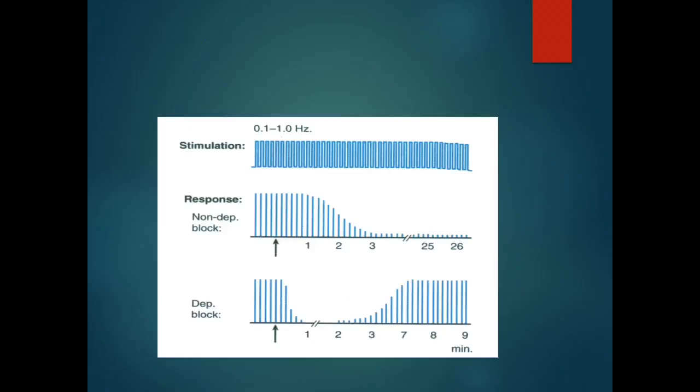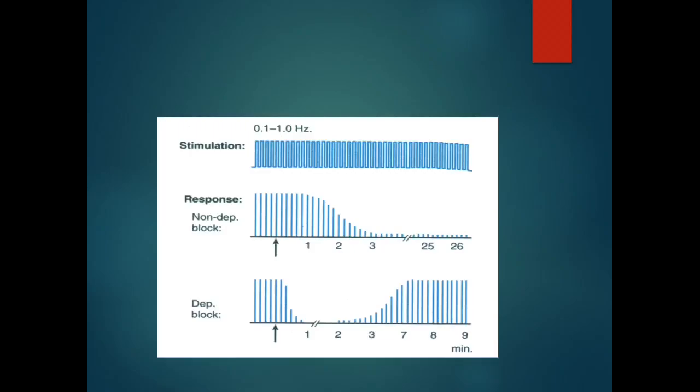Now, here I can show you the different types of patterns that have been recorded. The first graph shows a person who has been sedated but who has not been administered a depolarizing or a non-depolarizing blockade. Here you can see all the twitch responses are of equal amplitude and at regular intervals. Now, you give a non-depolarizing blockade.